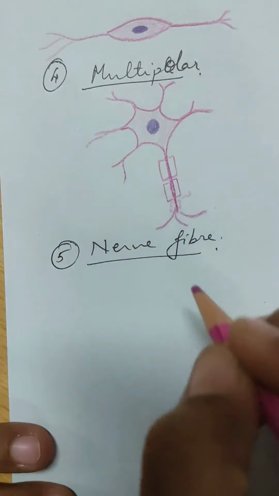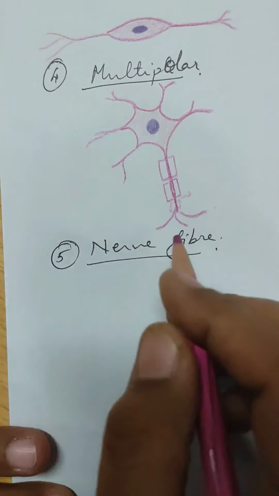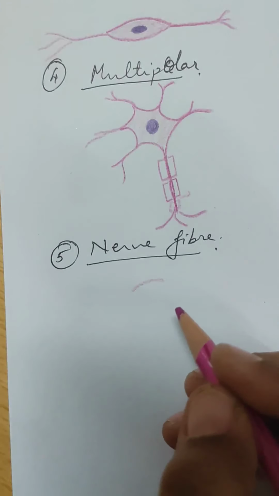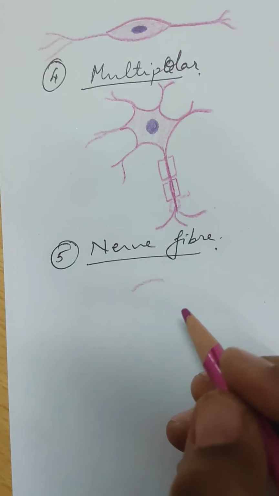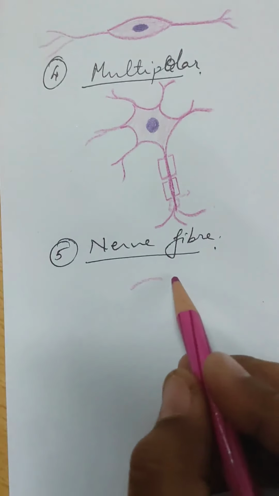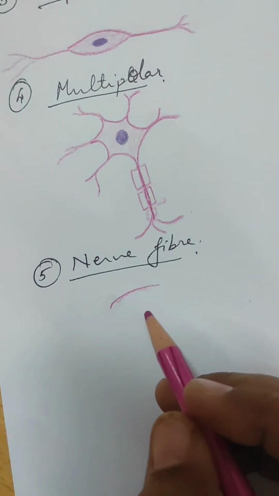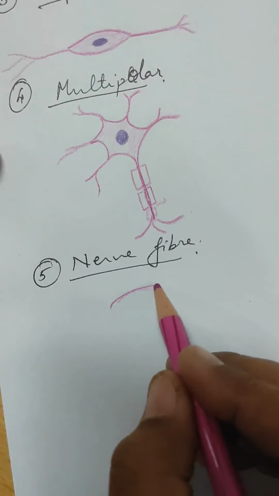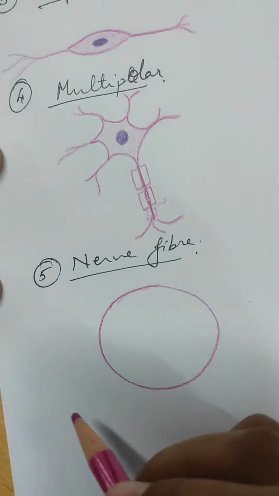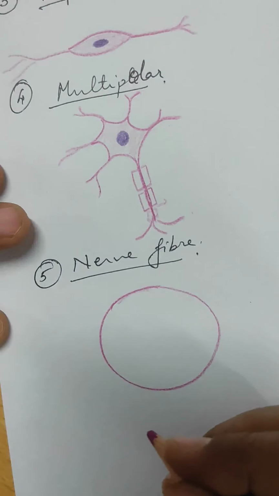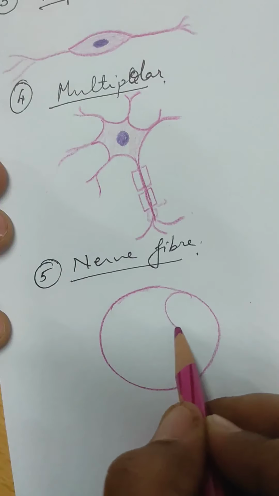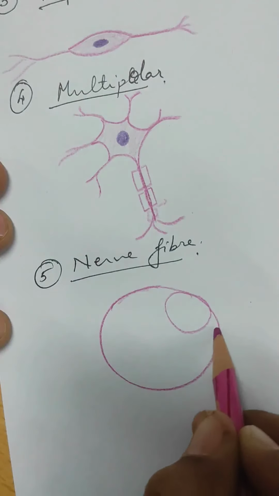So when you draw a cross section, you will first have the outermost covering of the nerve, which is called epineurium. And it has multiple bundles of axons.